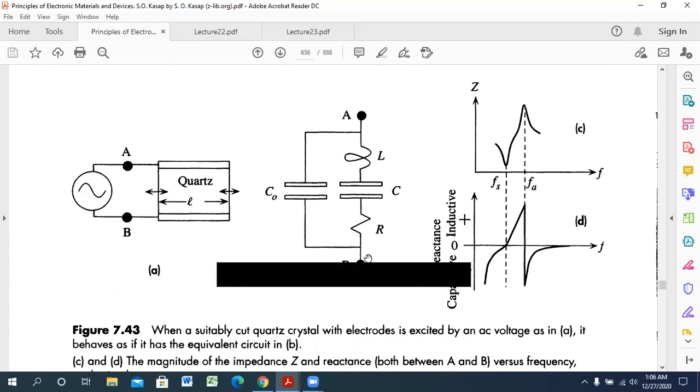From the oscillator, sometimes it stores energy and sometimes it releases energy, moving like a simple pendulum.